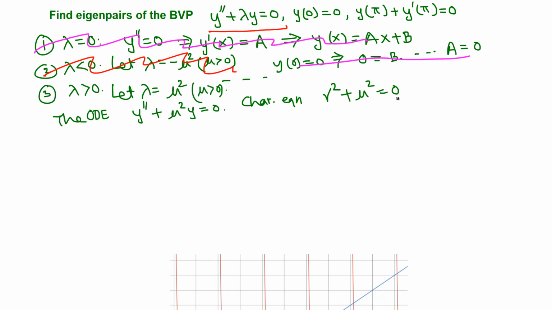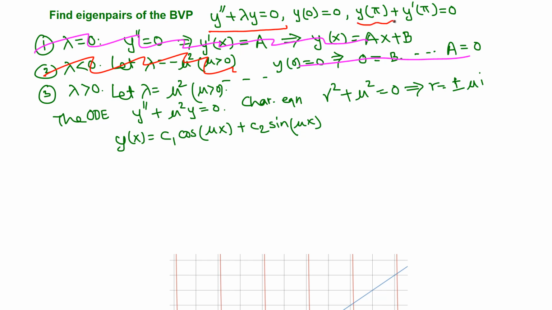Subtract μ² from both sides, take the square root, so r is ±μi. Based on this we get the solution y = c1 cos(μx) + c2 sin(μx).